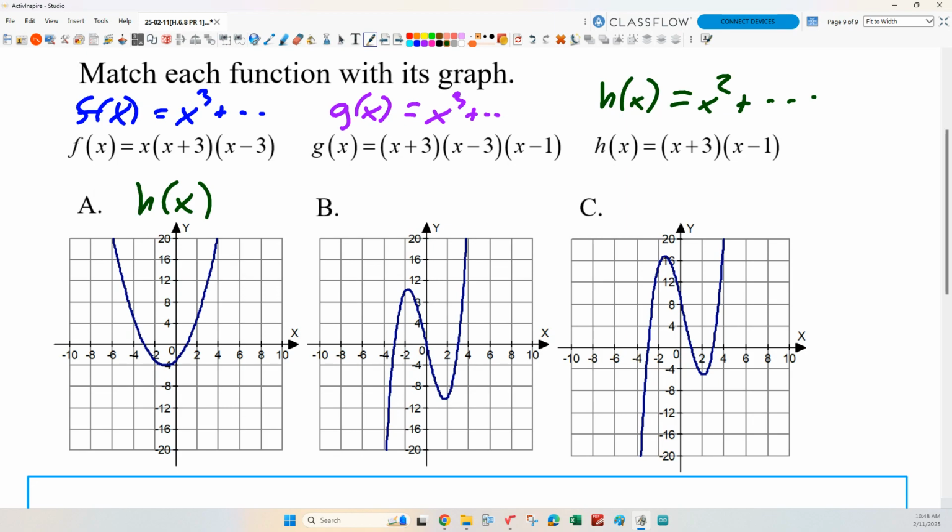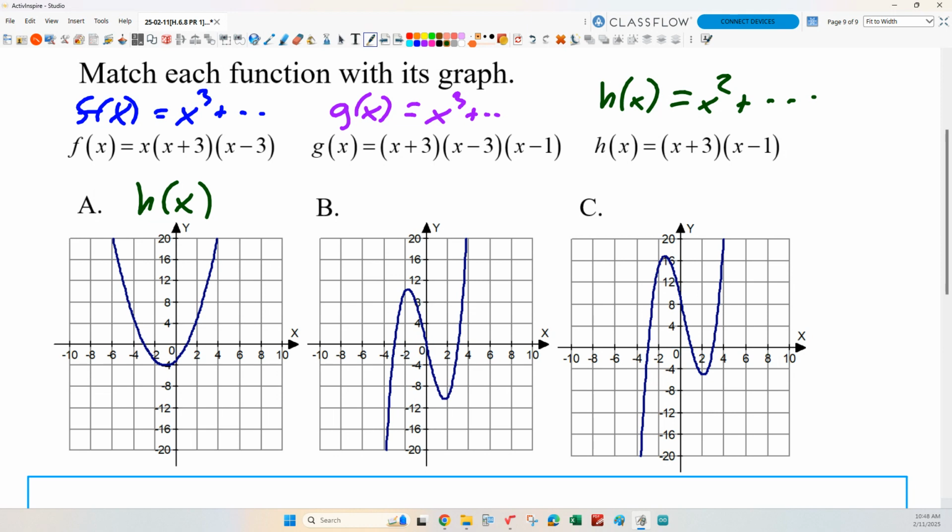How could I distinguish between the other two? The x-intercepts, right? If I set those functions equal to 0, the zeros are the x-intercepts. So which one is b? Is it f or g? It's got to be f, doesn't it? Because how do we know?